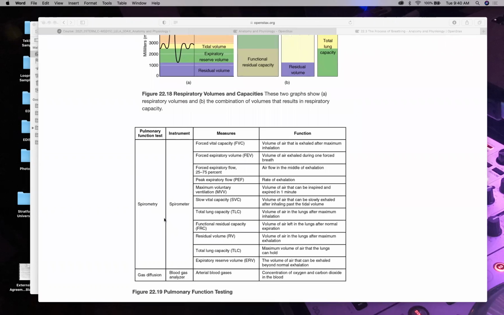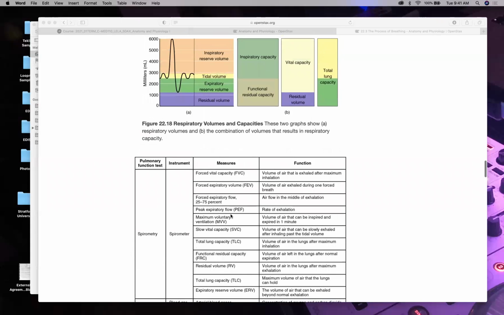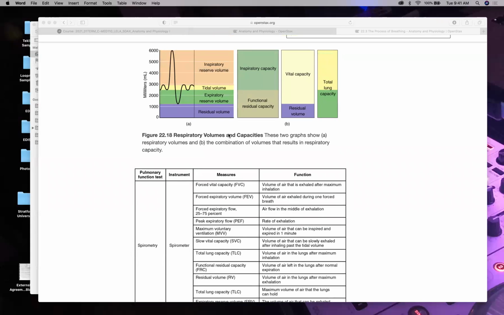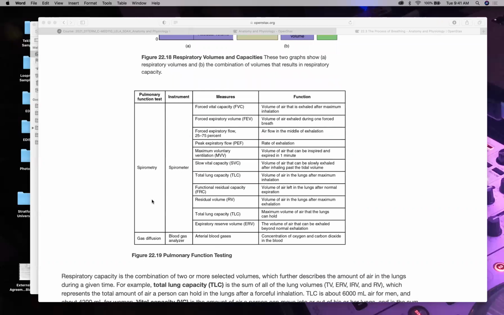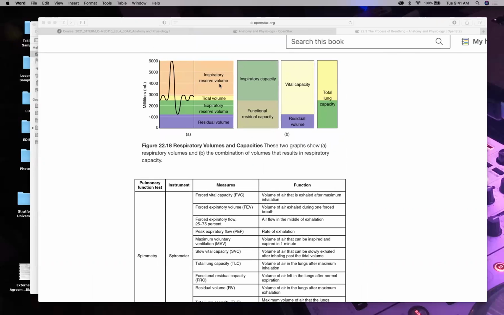Now, all these volumes get measured through a machine called a spirometer. For my exam, just know what a spirometer is, spirometry, and if I ask what your normal breathing volume is, that's your tidal volume. Just know these basic definitions. I won't ask you to do the math.